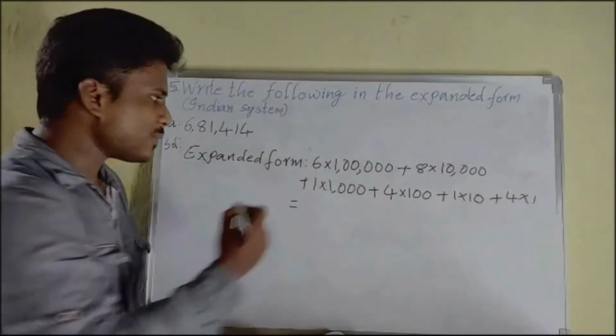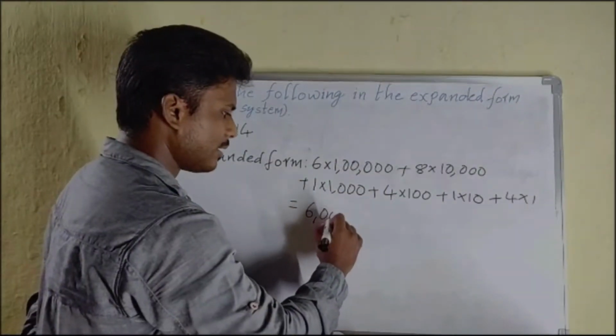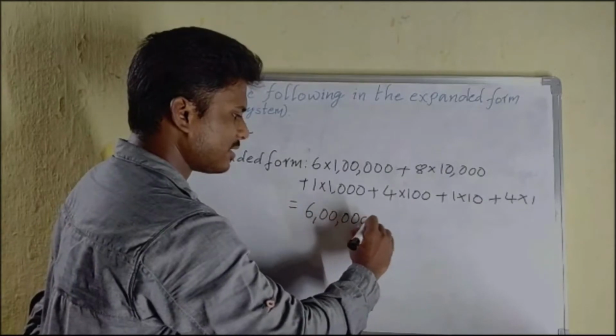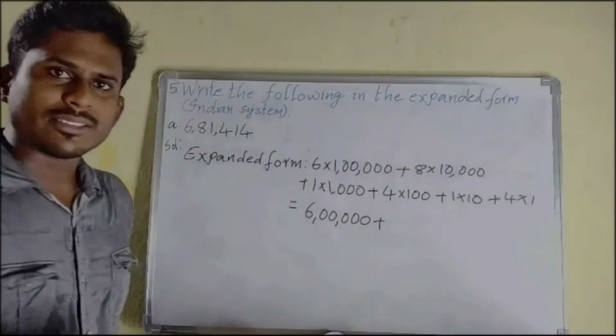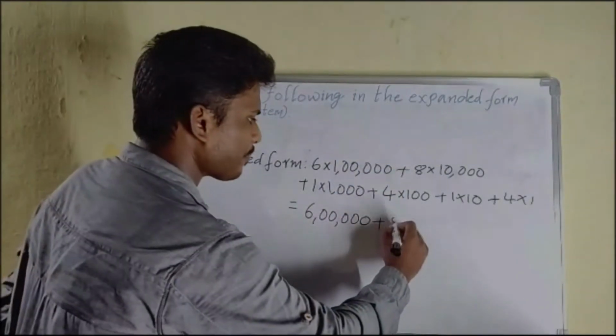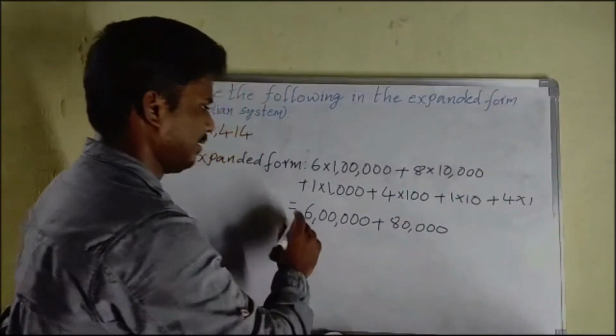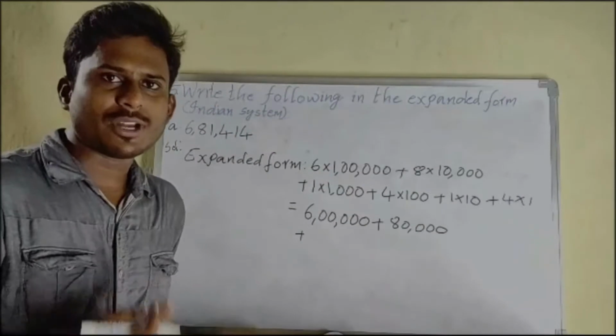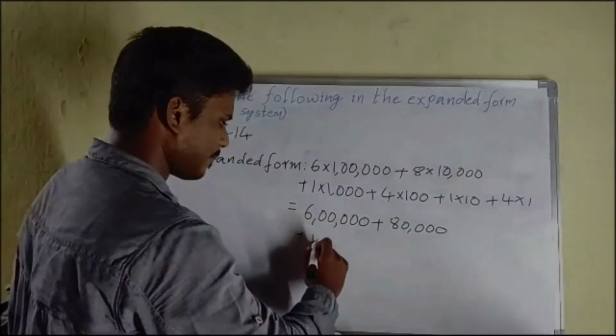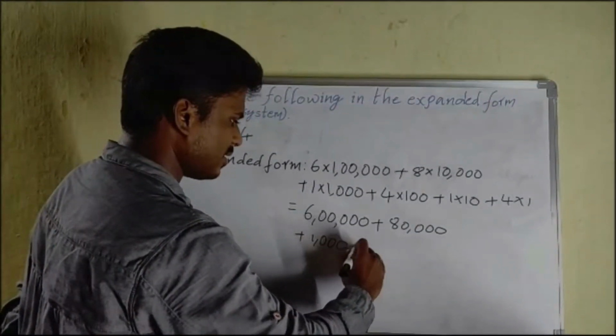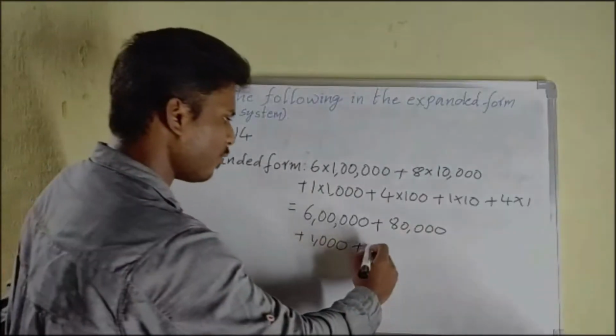Okay, after that we have the next step. 6 into 1 lakh is 6 lakh, plus 8 into 10,000 is 80,000, and then plus 1 into 1,000 is 1,000. 4 into 100 is 400.